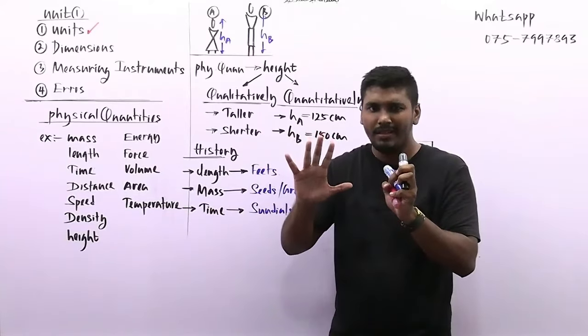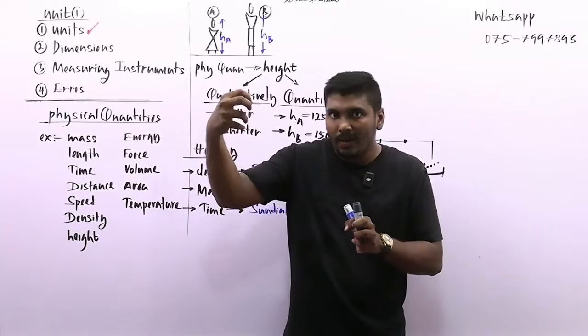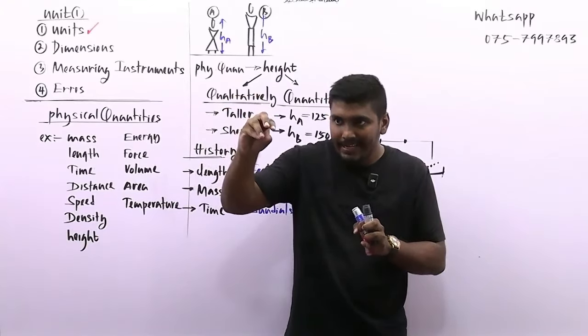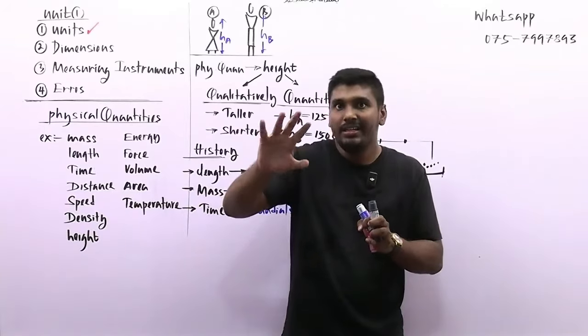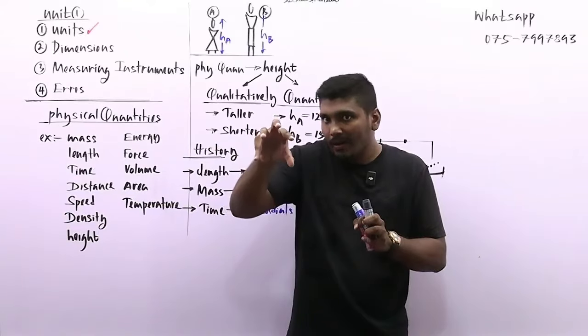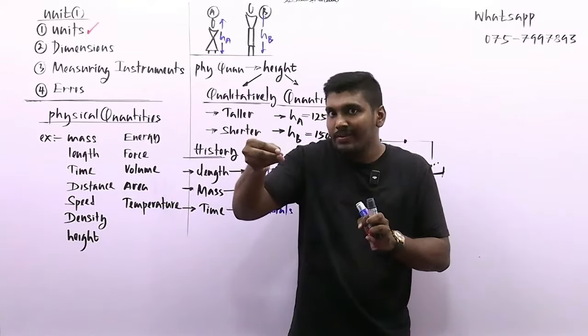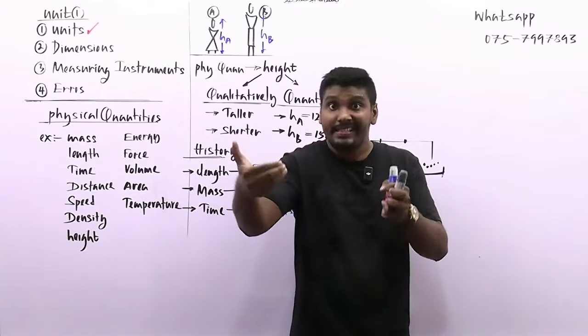Okay, very simple. First, we talked about physical quantity. Any quality or quantity, any difference in the universe, if we can measure it, then we call it a physical quantity. We know the examples. Then we want to measure the physical quantity. All the physical quantities have some kind of magnitude. But when representing the magnitude, we require a unit system.